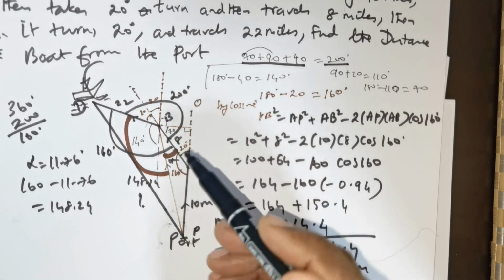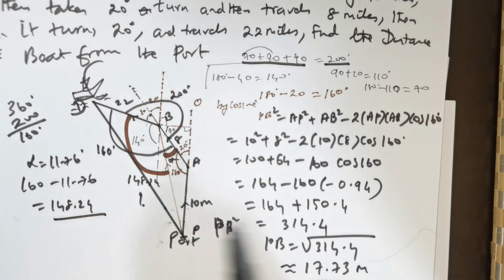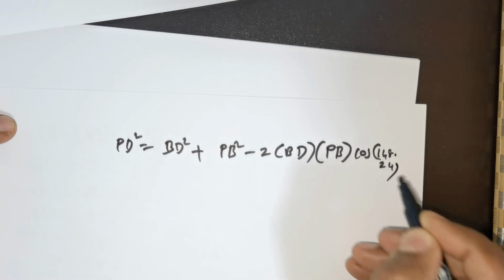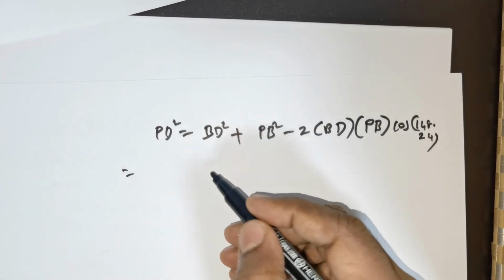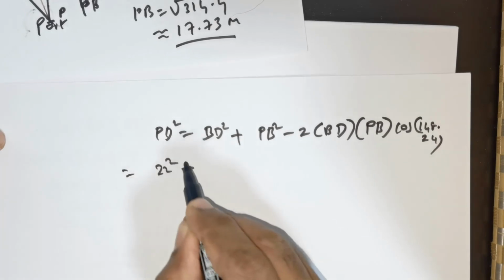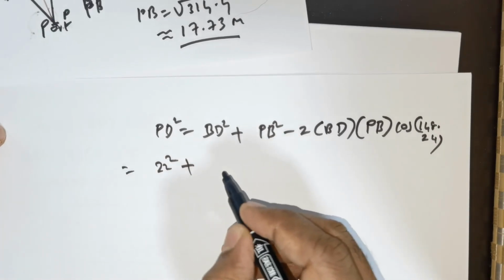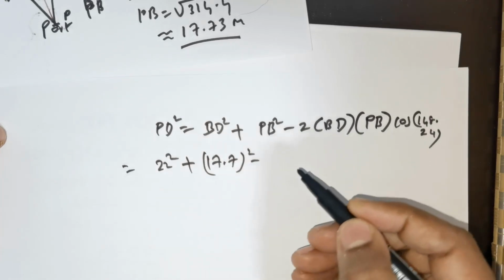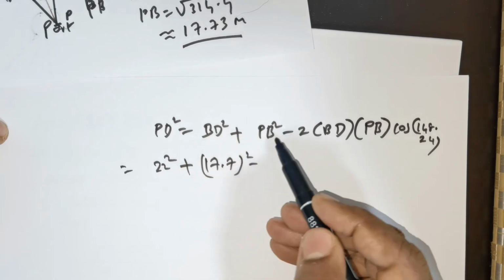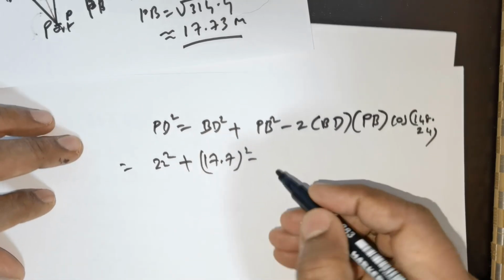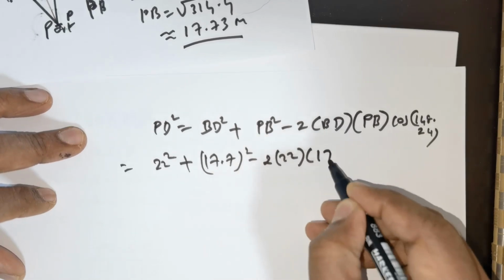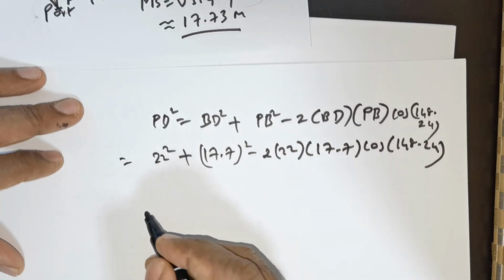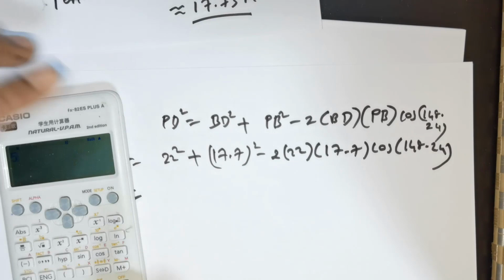So that angle is 148.24. So BD squared is 22 miles squared plus PB squared is 17.7 squared, right? So BD squared plus PB squared, 17.7 whole squared, minus 2 times 22 times 17.7 times cos of 148.24.